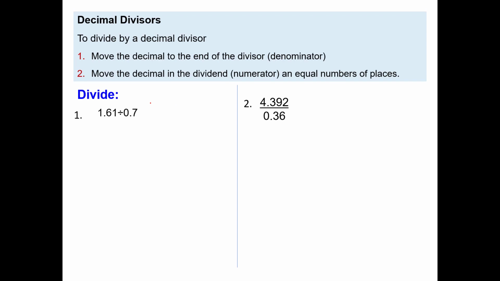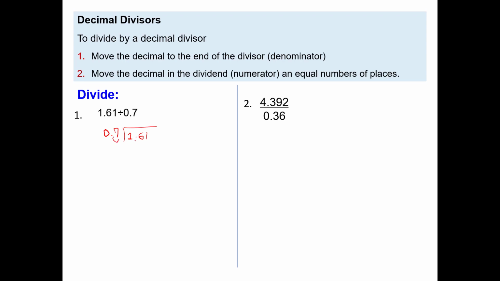The first thing, if we want to divide the decimals, is to set up the long division, and we will write this one like this. Then we need to move one place here.